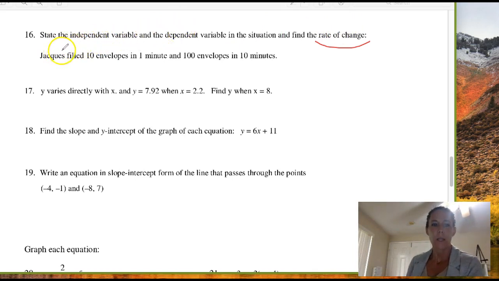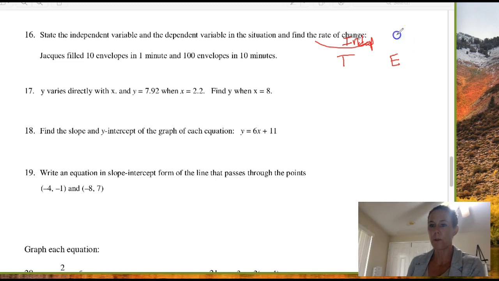So Jack's filled 10 envelopes in 1 minute and 100 envelopes in 10 minutes. So the number of envelopes Jack's fills will depend on how much time is given. So time would be the independent, and then the envelopes would depend on how much time they fill.